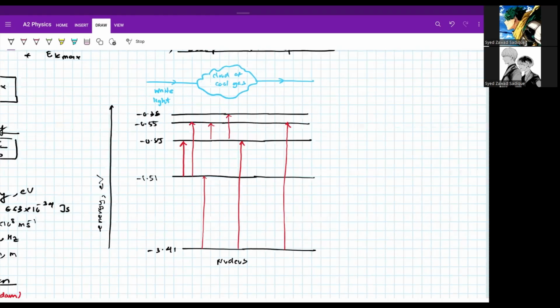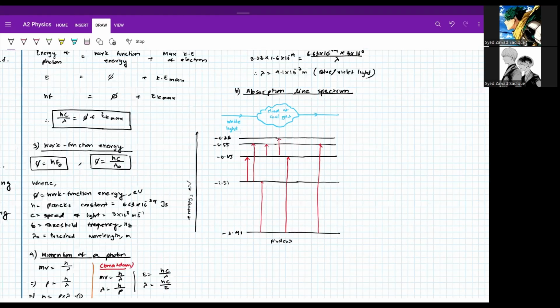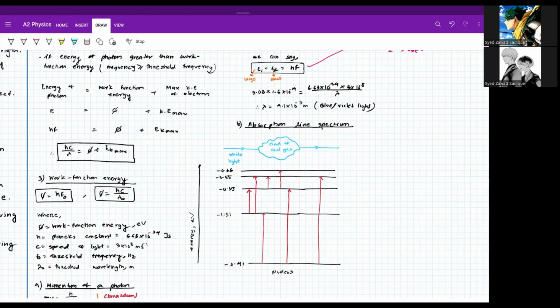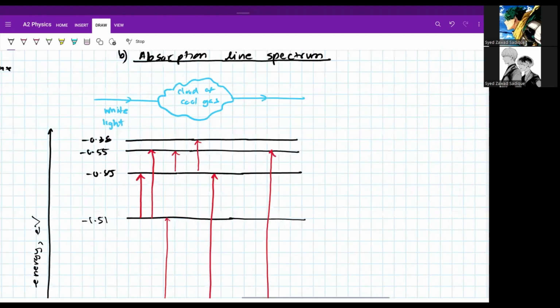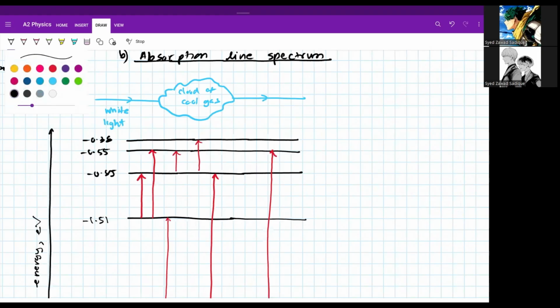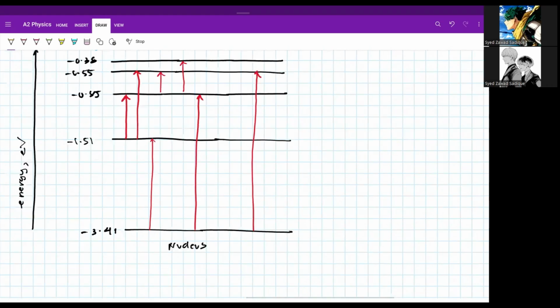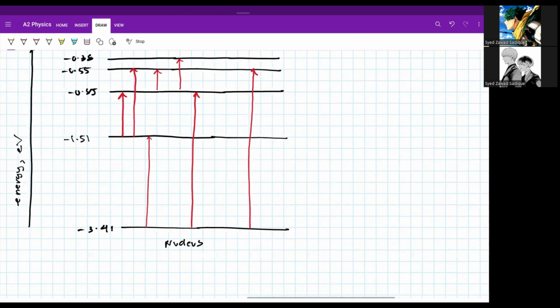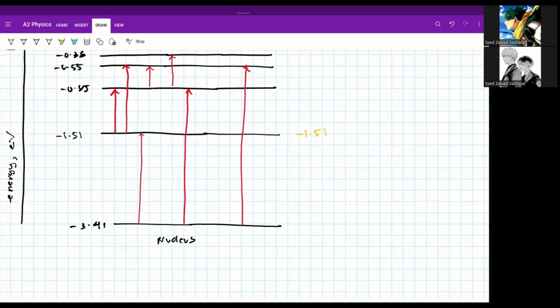Same concept as before, same way of calculating energy. Now, how to calculate the energy for this one? Simple. Since it's going up, it's final minus initial. So you can say minus 1.51 minus minus 3.41. That's how you do it.